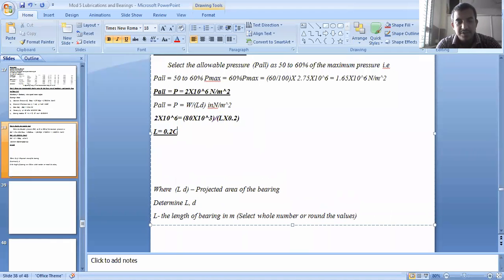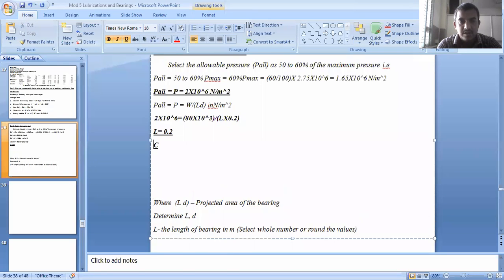Now we'll go for check. What are we going to check here? Check the L by D ratio. What is the L by D ratio? 0.2 by 0.2, how much did you get?